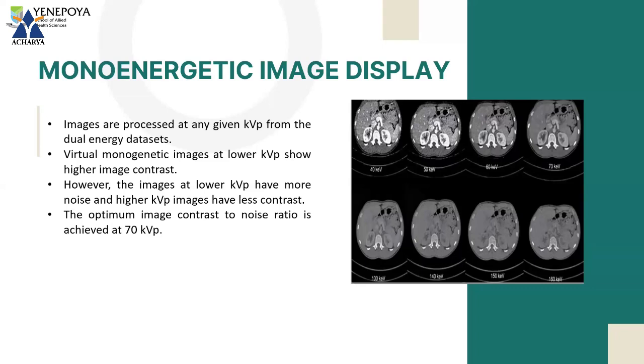The next question is whether imaging the same slice with two energies increases the radiation dose. Yes, definitely this will increase the dose. That is what I was explaining when I was talking about the limitations: in certain types of spectral imaging, there are technologies like single source dual energy CT, where the dose will be slightly increased when you compare it with conventional CT scanners.